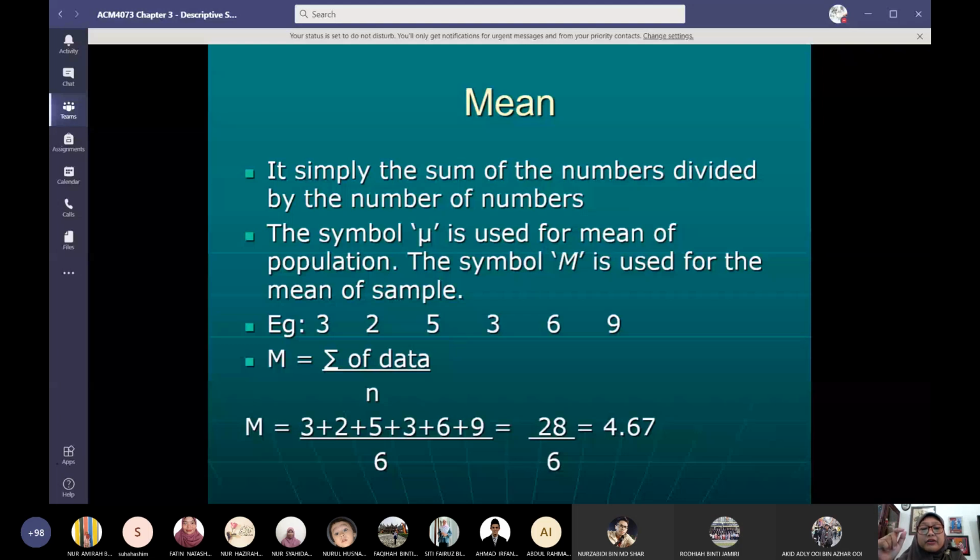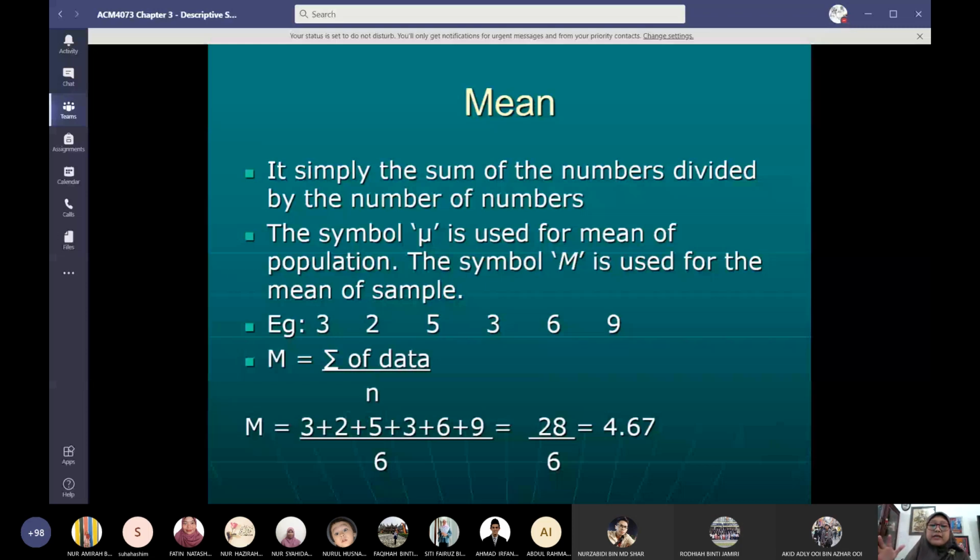The symbol μ is used for the mean of population.